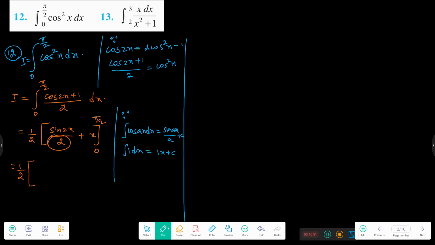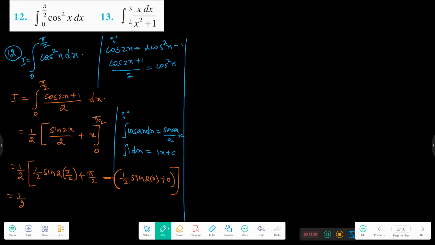Now sin 2 into first upper limit pi by 2, and x also pi by 2, minus lower limit, what is 0. So upper limit minus lower limit I applied.